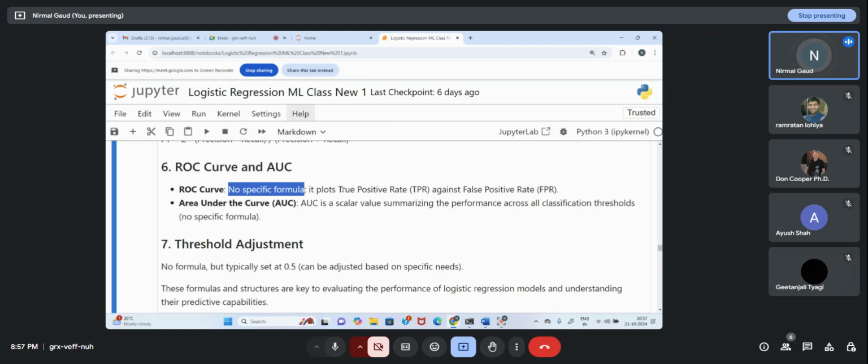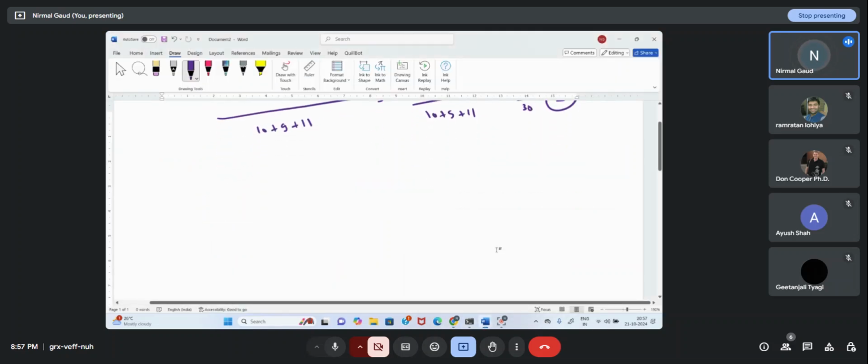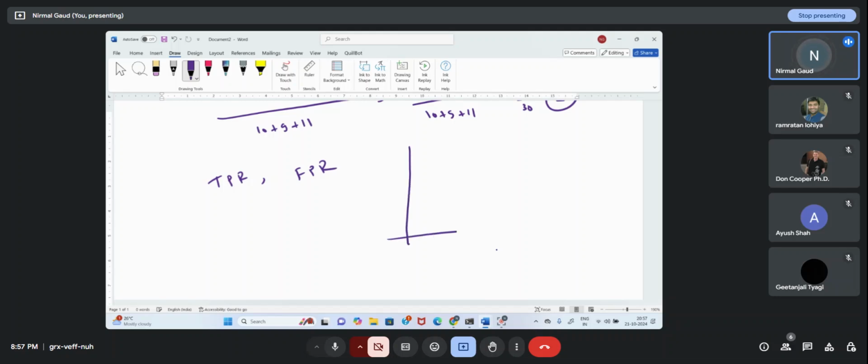It gives a plot between the true positive rate against the false positive rate, TPR and FPR. If I make a plot between TPR and FPR, this is the ROC, receiver operating characteristic plot.